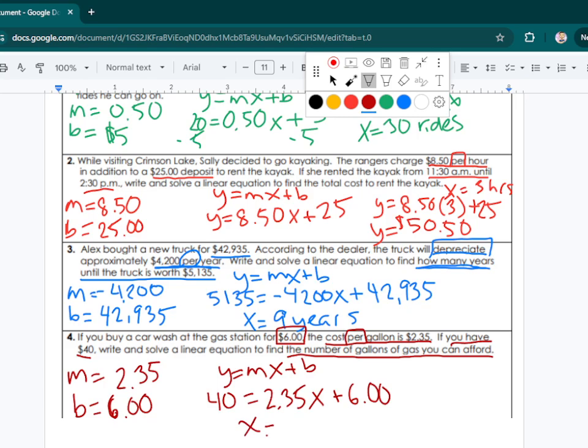We would get x equals, I think, 14.47. And then again, never done without a set of units. So what are we talking about here? We are asked to find the number of gallons of gas we can afford, and we are also told that there's the cost per gallon. So x must be gallons of gas.